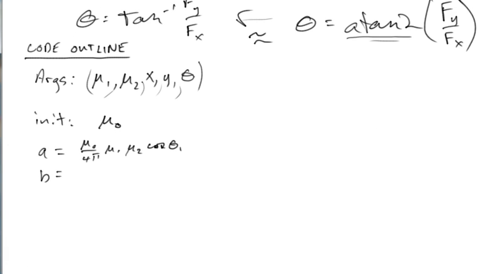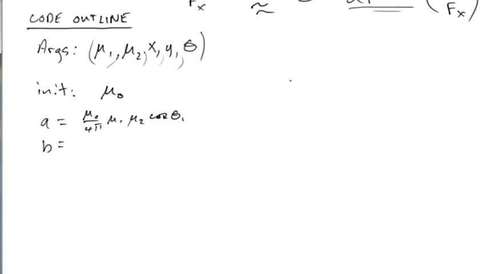So this one is 3 mu0 over 4 pi, mu1, mu2, sine of theta. It looks like theta 1 there. It's just a theta.